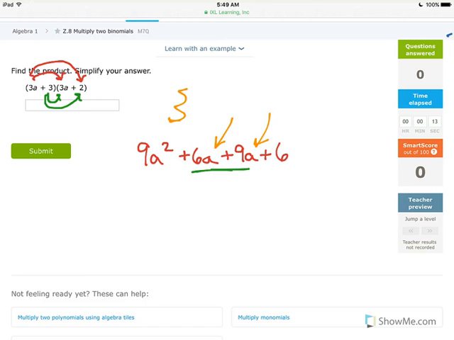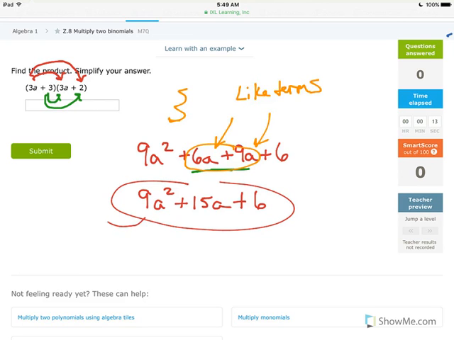So these two right here are considered your like terms, since the variables are alike. So we'll call this 9a squared. 6a plus 9a should get you 15a plus 6. And that should be your final answer. And you want to put that into the answer box.